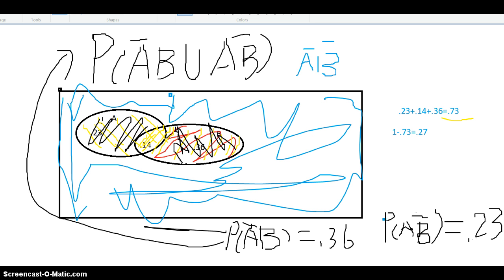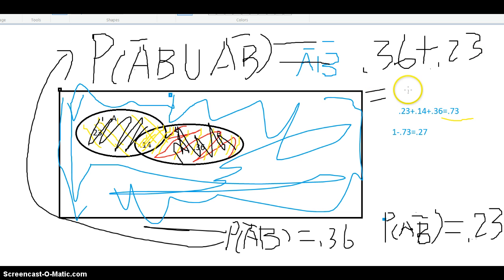So we add these two numbers, 0.36 plus 0.23, and the answer is 0.659. Okay, so that's the answer for this exercise.